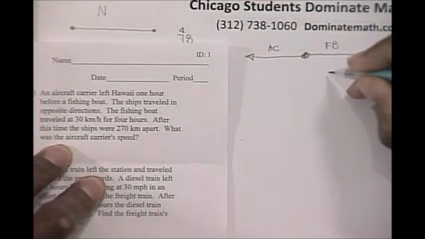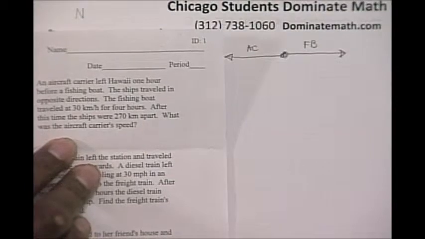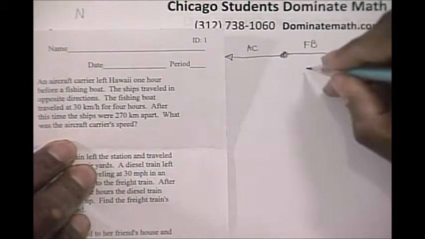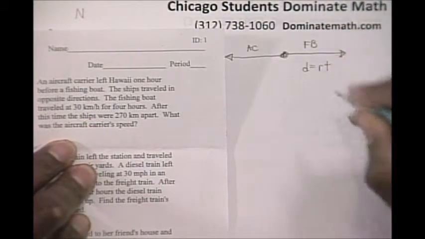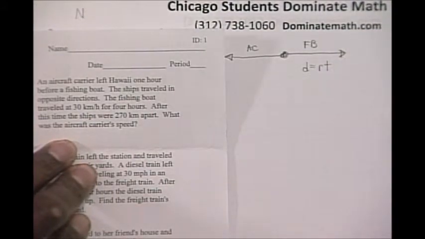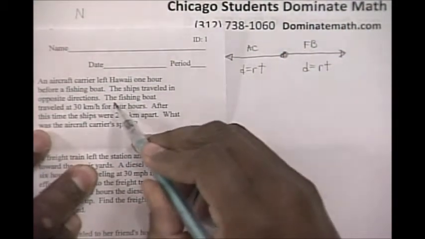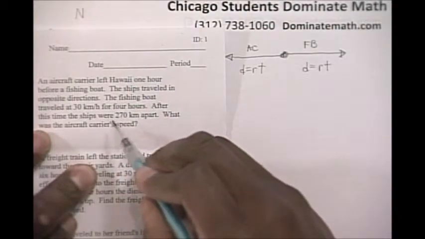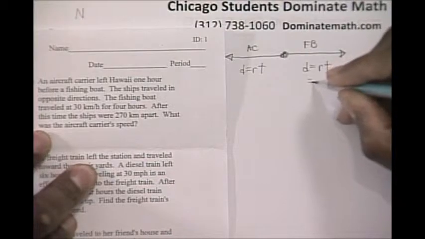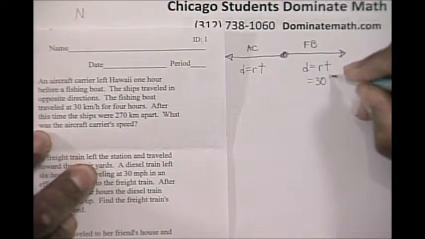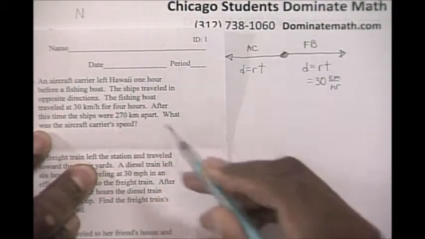So again, the backbone of this entire worksheet is the fact that all these problems are rooted in you understanding that to get a certain distance, you need to multiply the rate times time. Distance is equal to rate times time. The fishing boat is traveling at 30 kilometers per hour for 4 hours.